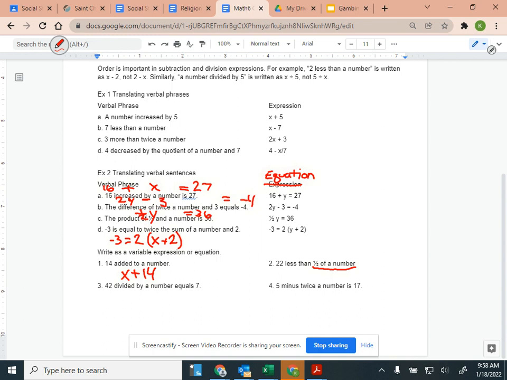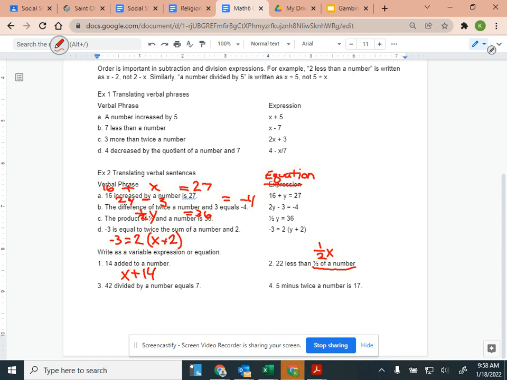So if we look back up at that sheet, if we look under multiplication, we see the word of. So it means we're going to multiply. So half of a number, that means half times x. Then it says 22 less than half of x.